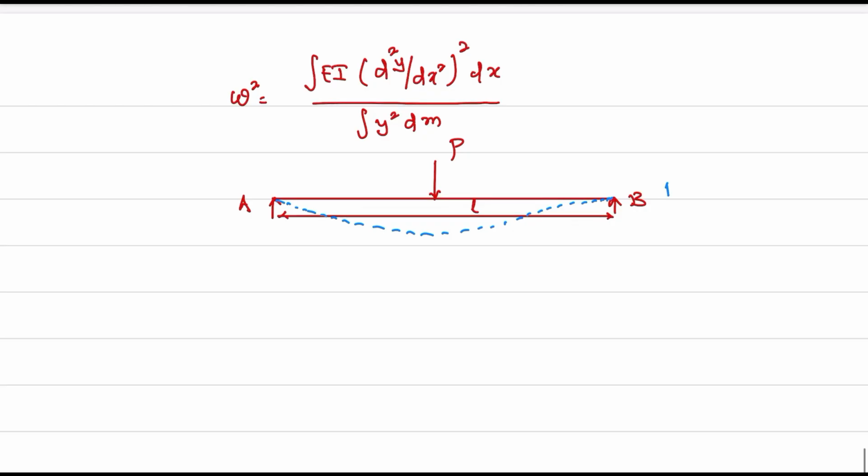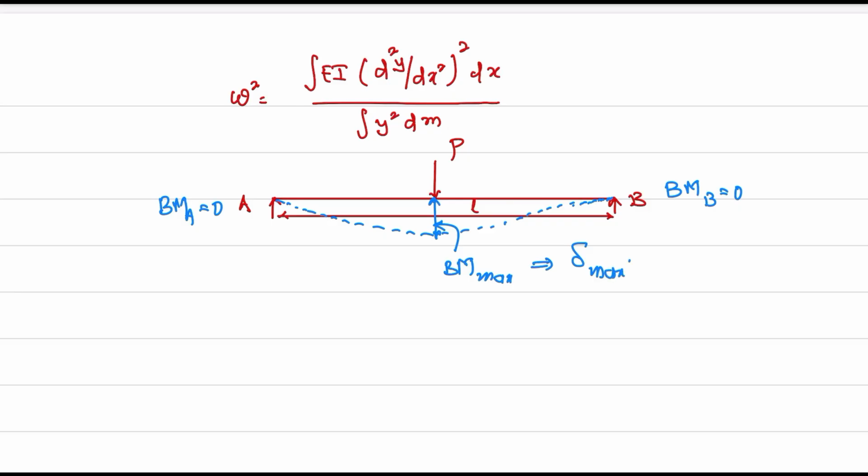The bending moment at B is equal to 0. The bending moment at A is equal to 0. At supports, the bending moment is 0. And the bending moment will be maximum at the center. For this condition, bending moment is maximum, which implies deflection is maximum.